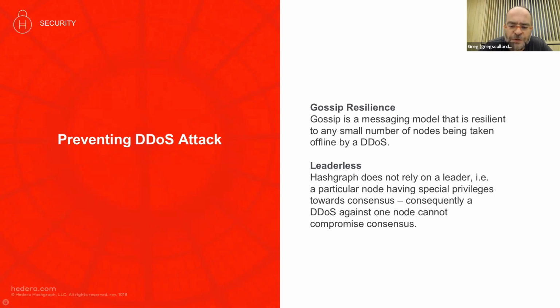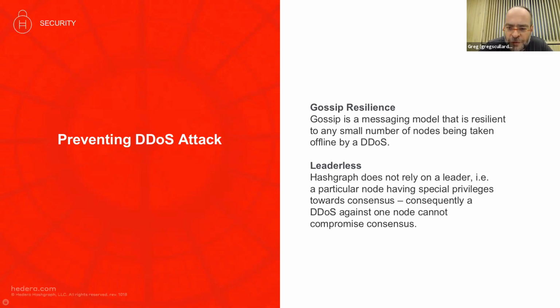DDoS is an attack whereby an attacker corrupts a computer by flooding it with traffic. So the gossip protocol, which is used by Hedera Hashgraph, known as gossip about gossip, is a natively cooperative defense against DDoS attack. You can DDoS a node, but the rest of the network will continue gossiping with each other.